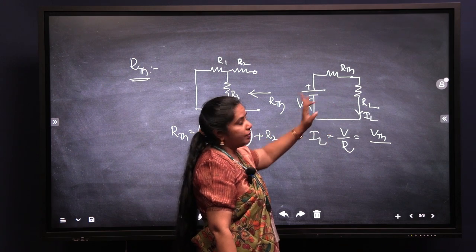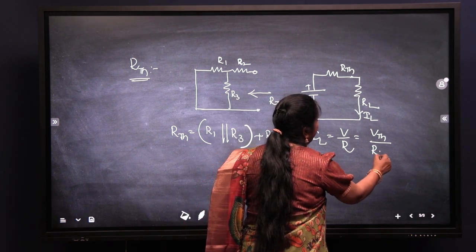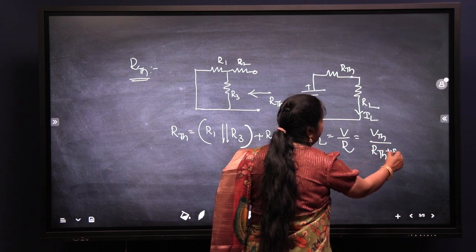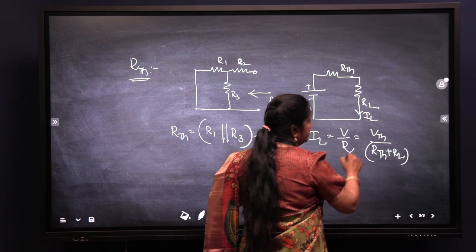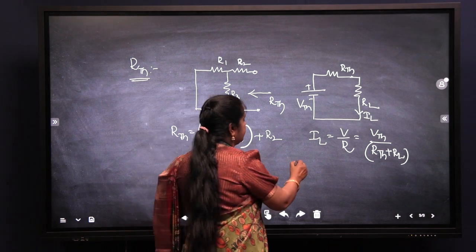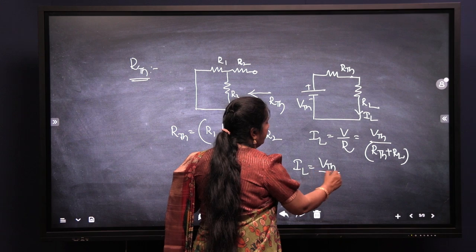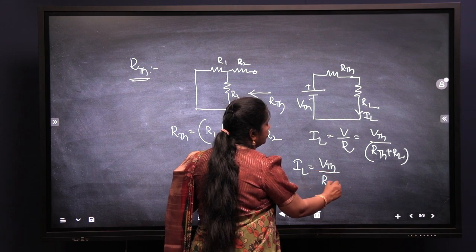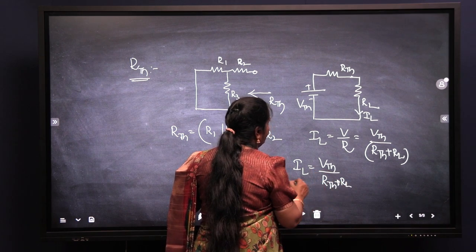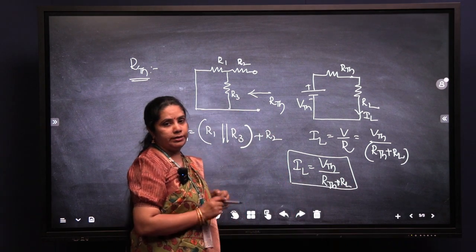Two resistors which are connected in series, so it will become RTH plus RL. So now by using this formula, IL is nothing but VTH divided by RTH plus RL. So this is our current value in the load resistance.